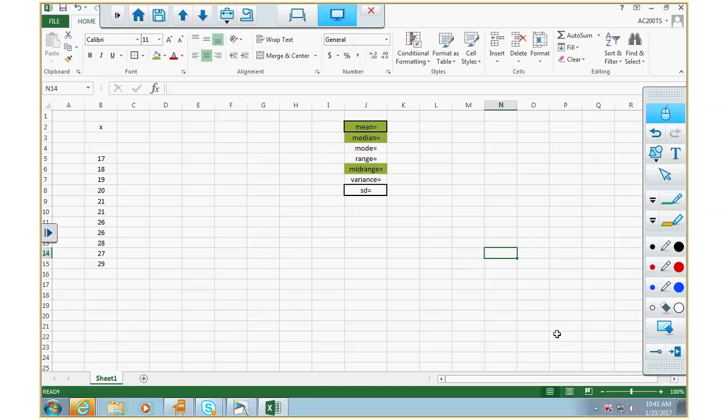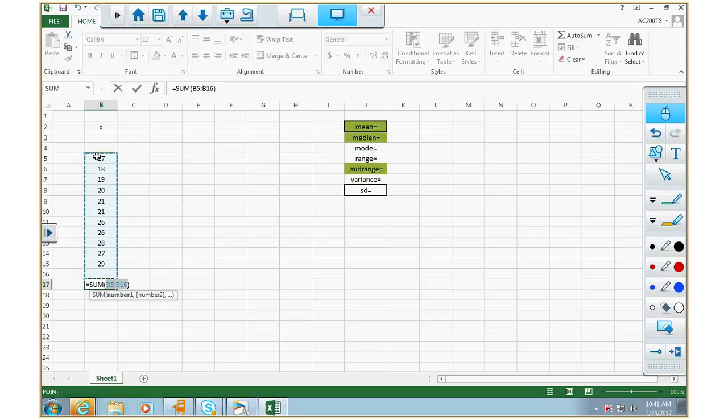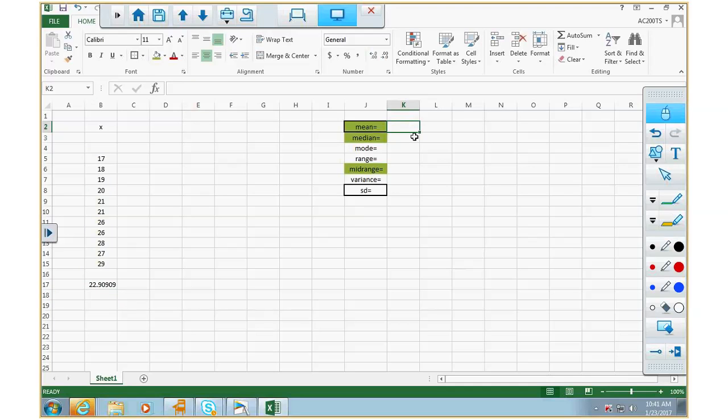Okay? All right, so let's find the mean. Well, you got to add all these up and divide by what? How many are there? There's 11. And that's the mean. Everybody right now needs to take calculators out and add up all these numbers and divide by 11 and see if you get 22.91.